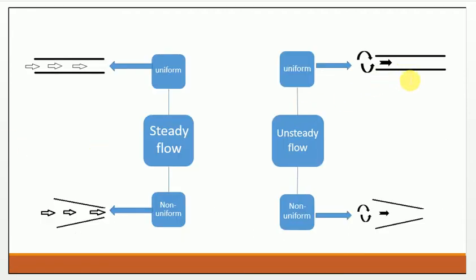So it keeps changing. At the 10th second, the velocity might be 5 meters per second. At another time, the velocity may be 15 meters per second. At the 20th second, it might be 3 meters per second. It changes with respect to time, so it is not steady. So it is called an unsteady flow.